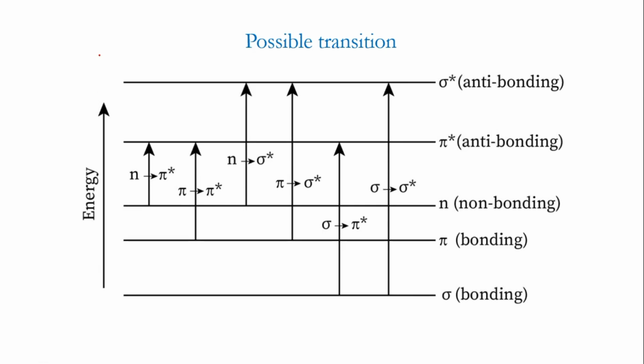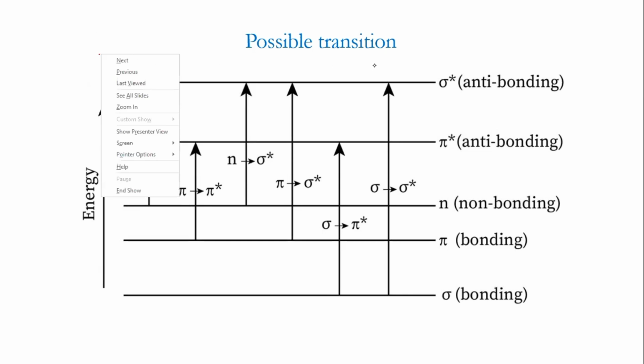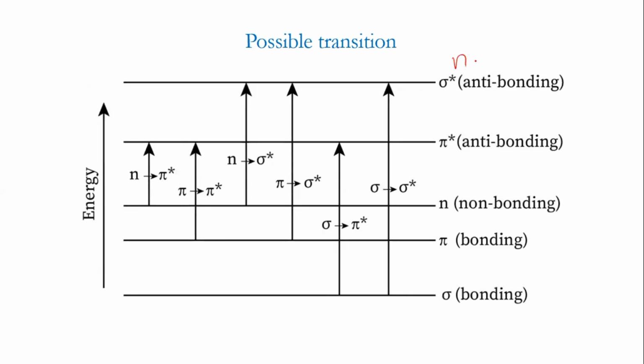So your transitions will involve transitions from the lone pairs of electron, from the sigma, and then from the pi to either the pi antibonding or the sigma antibonding.